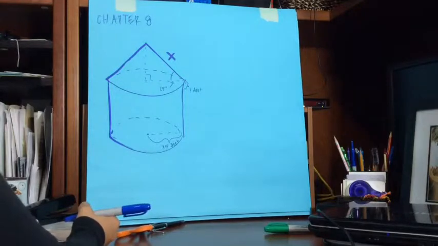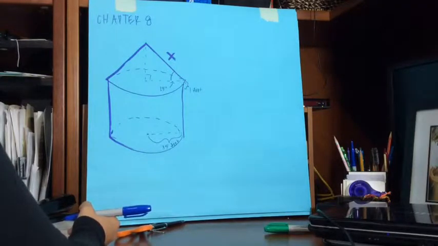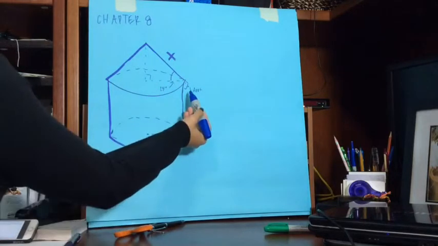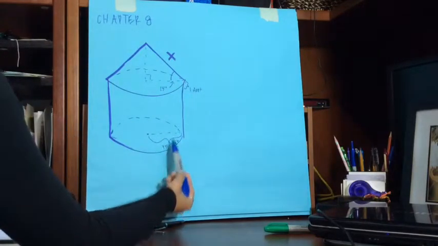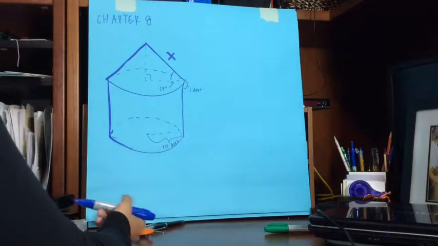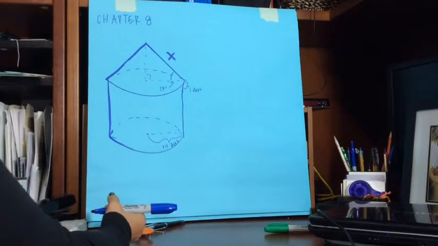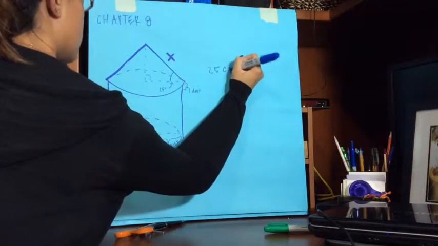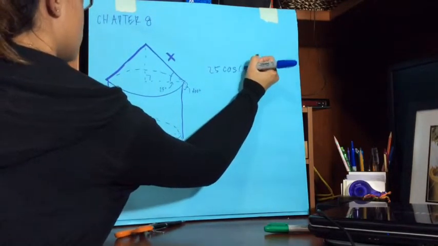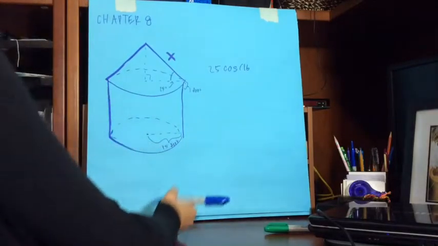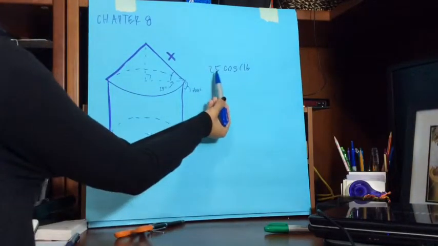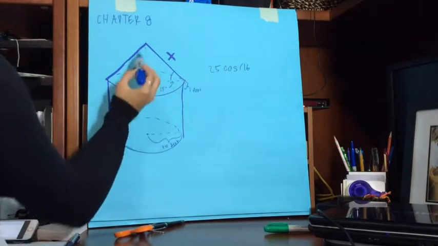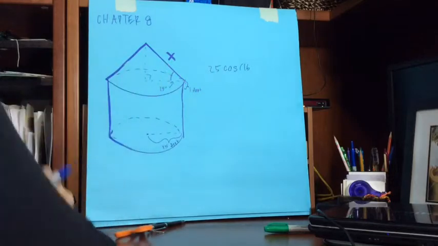The easiest way to do this is to use cosine, because we already know what the adjacent is, which is 16 feet, if you include the radius of 15 and the overhang of 1 foot. So the way we set up this problem is to plug in 25 cosine 16 into our calculator, 25 being the degree of the slant and 16 being the adjacent of this right triangle right here.